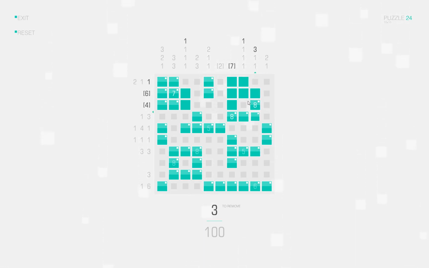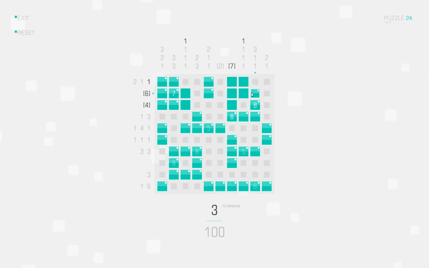So in this column we need 3. And 1, 2, 3, 4, 5. And we need 7 in this column, so 2 more of these and 1 more of these. That's 3 and 4, 5, 6, 7, 8. So 1 and 2. They have to be connected somehow.